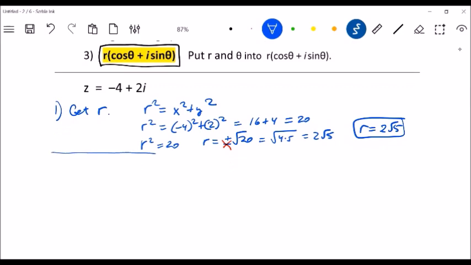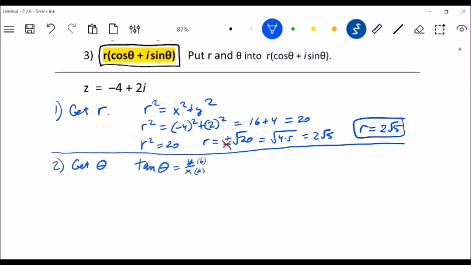Now that we've done that, we're going to get the angle, theta. For that, we will use the fact that the tangent of theta is equal to y over x, which in this case means b and a, because we're given a and b. Or we can think of it as x and y. So that means that the tangent of theta is equal to 2 over -4, which is equal to -1/2.